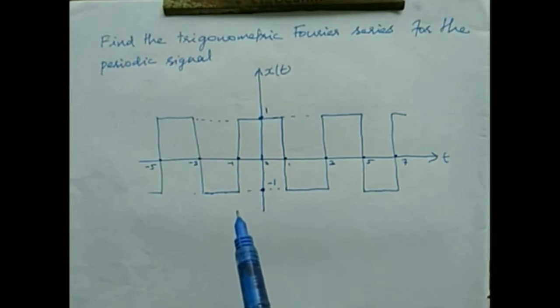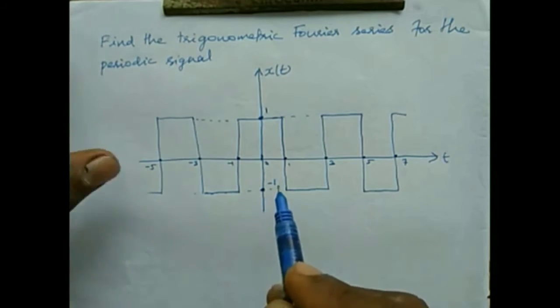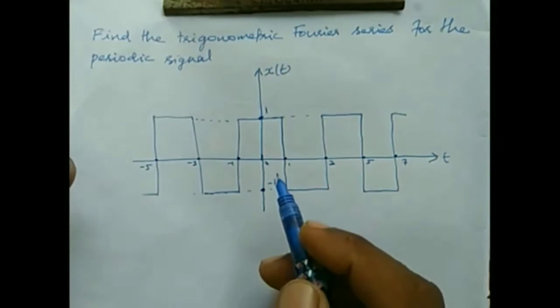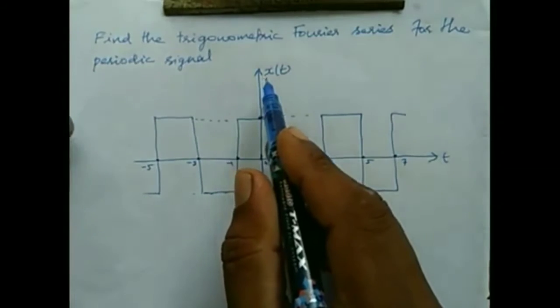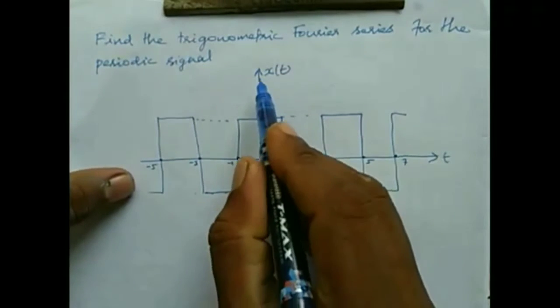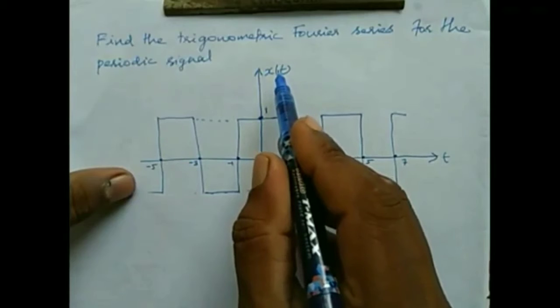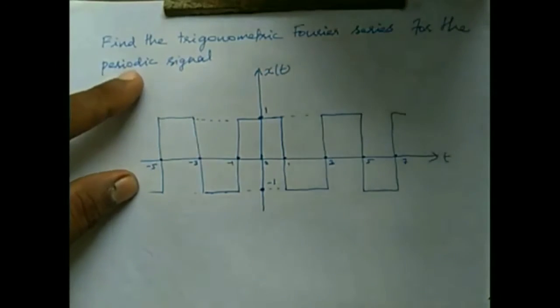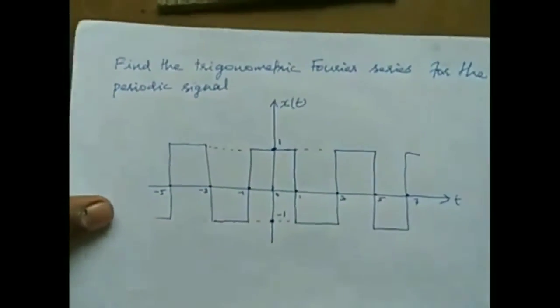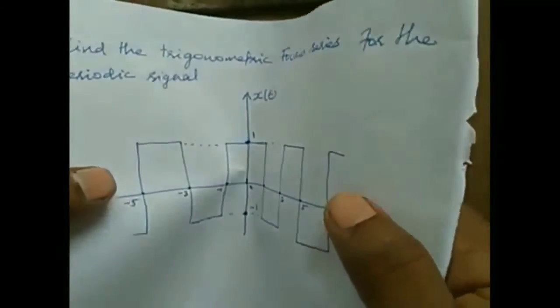Okay. And one more thing we can understand is that the signal is symmetrical about the vertical axis, meaning the signal is symmetrical about the x of t axis, or amplitude axis itself. I will demonstrate that. If I fold the signal about this x of t axis, both sides will coincide with each other.